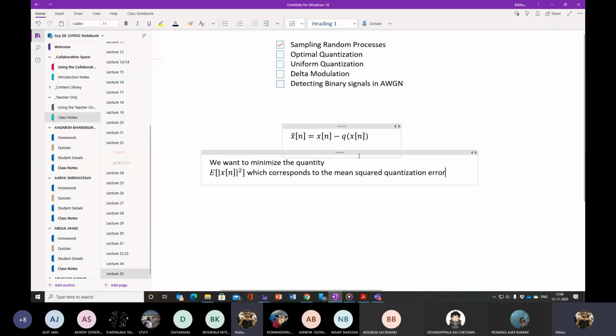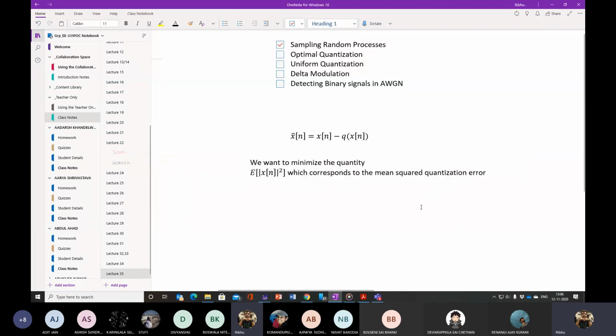And we had given justification that this is equal to the power of the error, and we want to minimize the error power, so we want to minimize this.